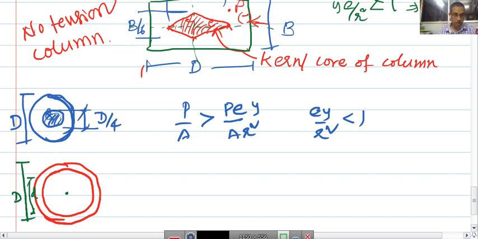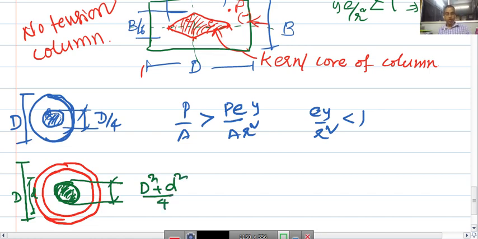The core or kern will be somewhere this much. So this is the core. The diameter of the core will be equal to capital D square plus small d square by 4D.